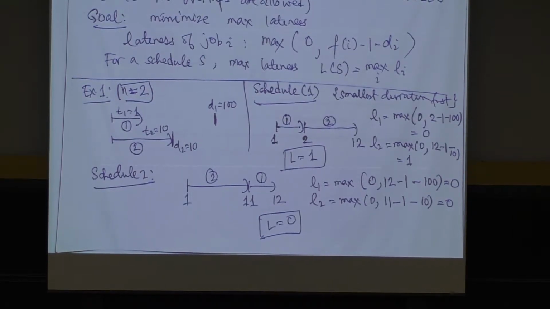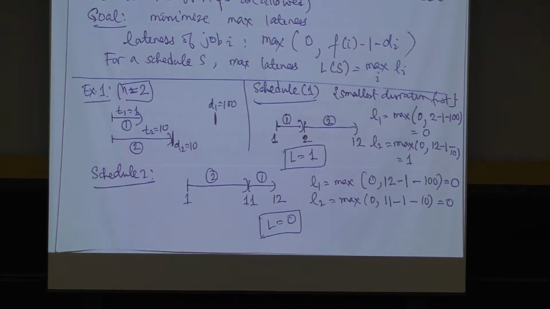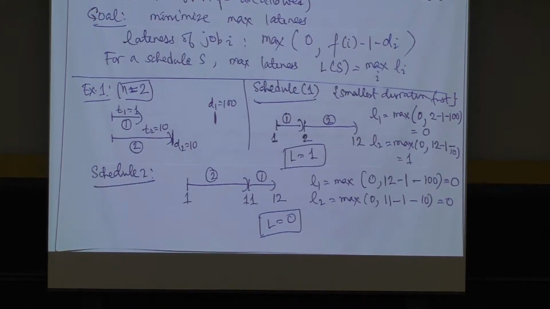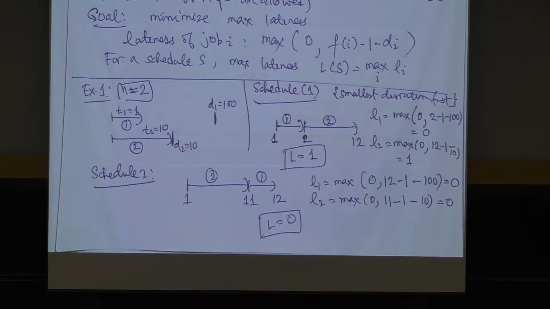In the second one, is it the opposite? Is it the largest duration first, or is it the earliest deadline first? Okay. We'll find out, in the sense that for this specific example, obviously both hold, but one of them would work and the other does not.